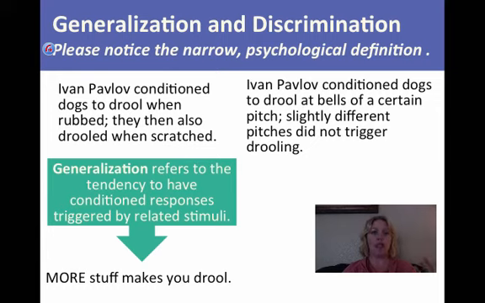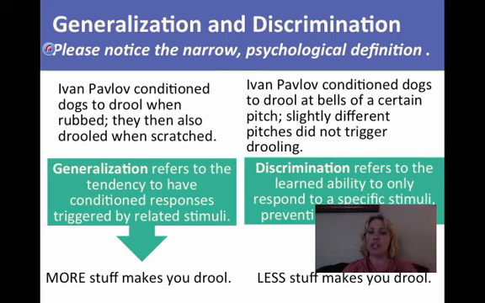They also drooled when scratched. Generalization refers to the tendency to have conditioned responses triggered by related stimuli. In the conditioning scope, generalization means that similar stimuli are going to elicit a response. Discrimination, though, refers to the ability to learn only to respond to a specific stimulus, preventing generalization.